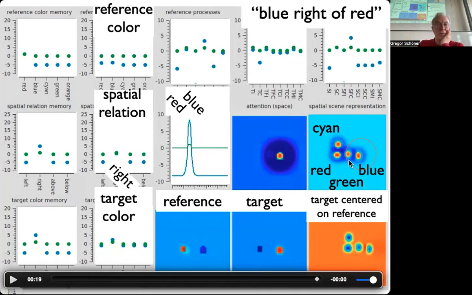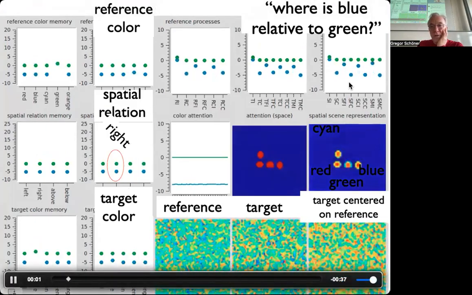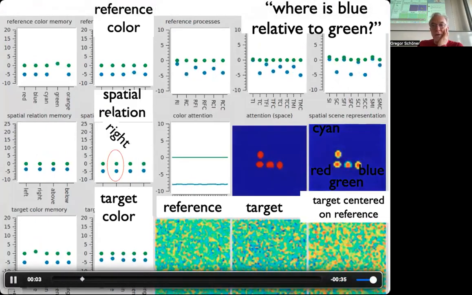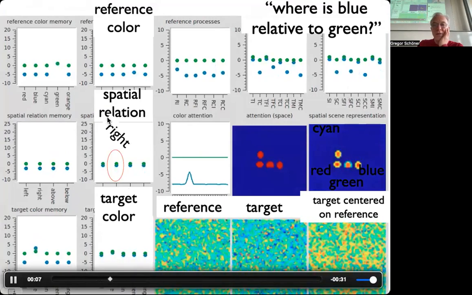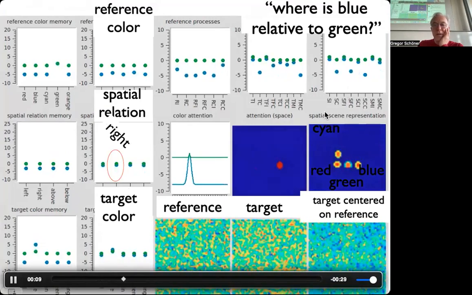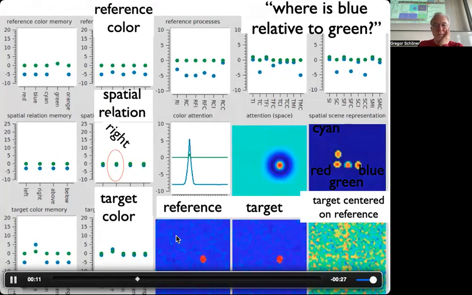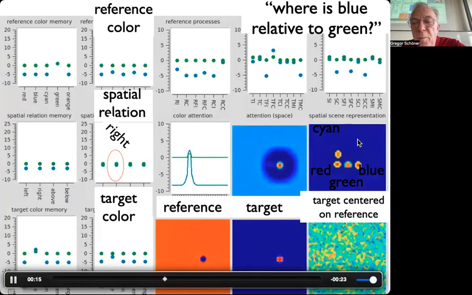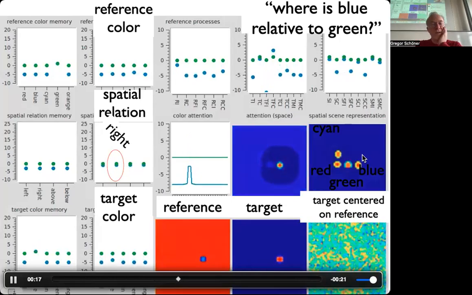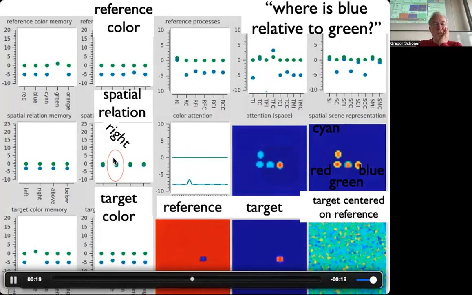Like, you built the map from a few relations, and now you can ask for a new thing, like, where is the blue relative to the green? And I guess there's some way how that can be answered, which I don't. The blue relative to the green should be to the right of, I guess. And so I already put here that this one's going to come on in the end, right?